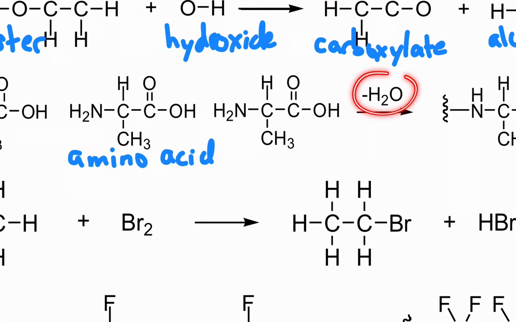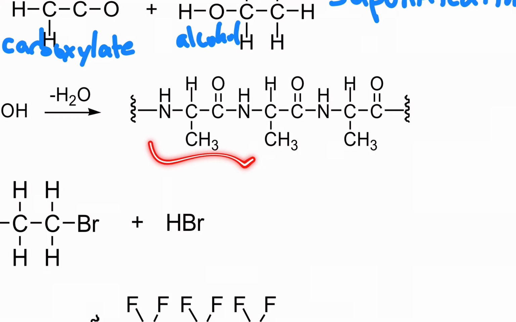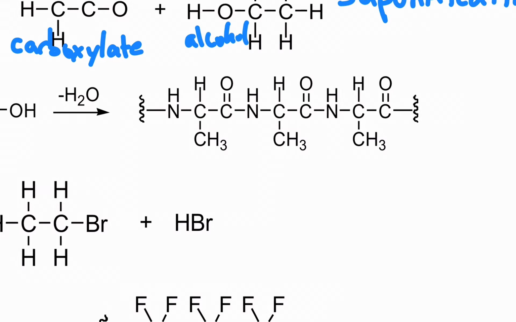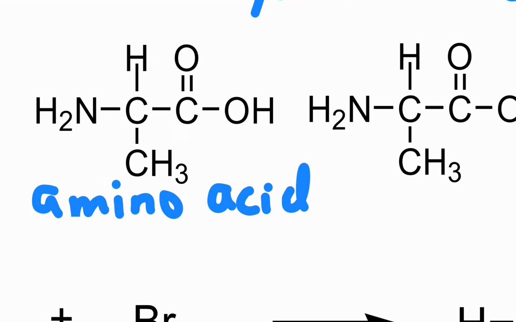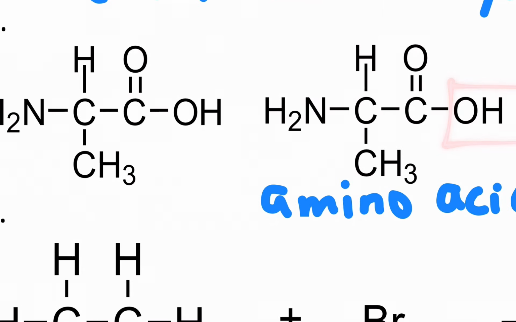We lose water and we create a much larger molecule, likely much more than just 3 of them. This thing keeps going in a long chain. And you can see where the water comes from. If you imagine one of these hydrogens on the nitrogen combining with the OH of the acid, that's where you lose a water molecule from each one.